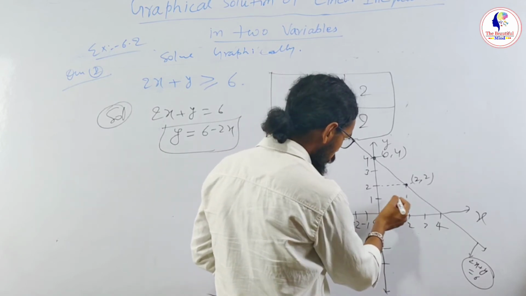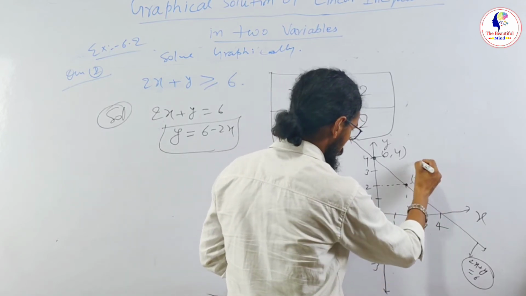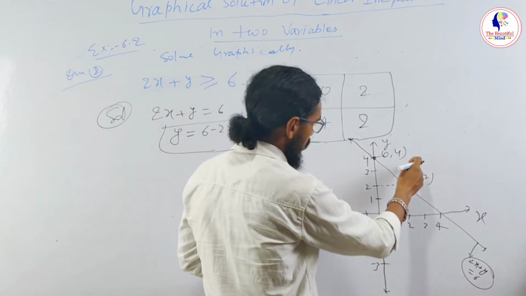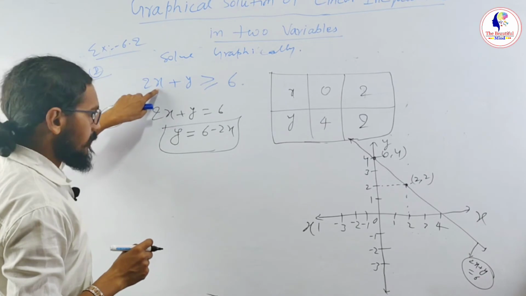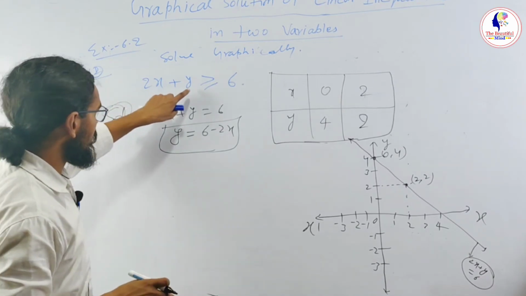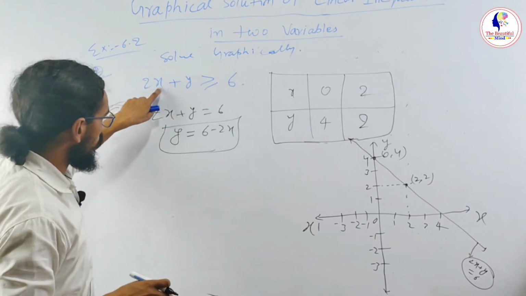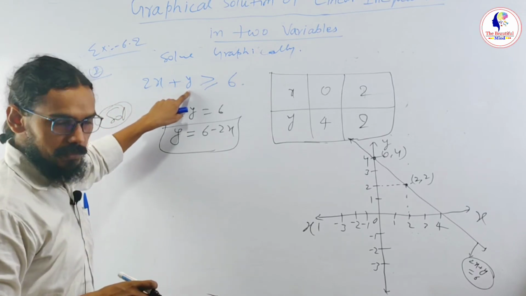Okay, so suppose we can take point here, x is 2 and y is 3. If we put x is 2 and y is 3, so 2 to the 4 plus 3 is 7.